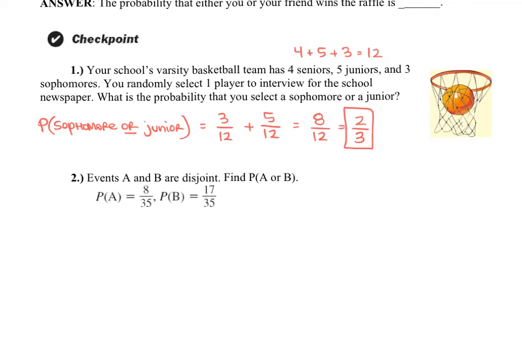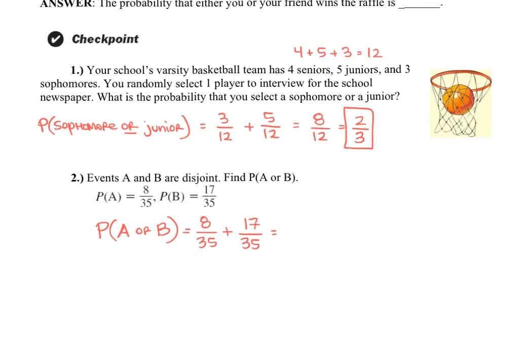Now, if you look at the next example, you'll notice that it tells us that events A and B are disjoint, and it wants us to find the probability of A or B. But it doesn't tell us what event A is or what event B is, and that's okay. We can still find what the probability of A or B is, even if we don't know what A and B is. So we're just going to, for our label, put A or B, and we are going to simply add these 2 fractions, which again, thankfully for us, already have a common denominator.